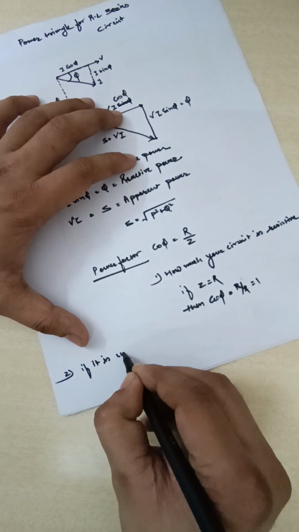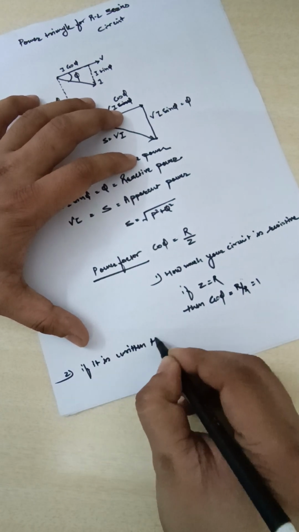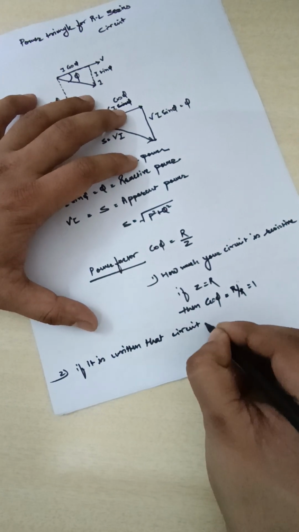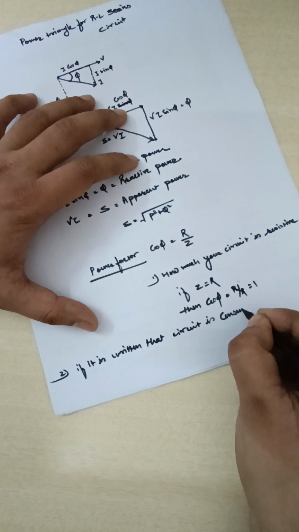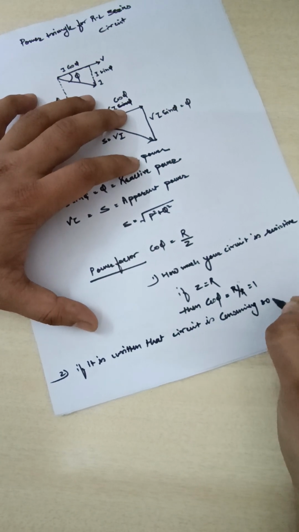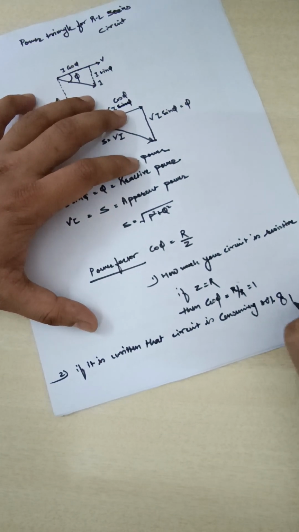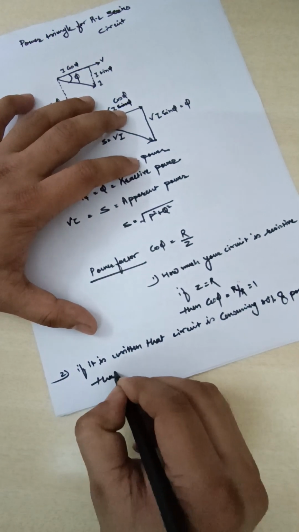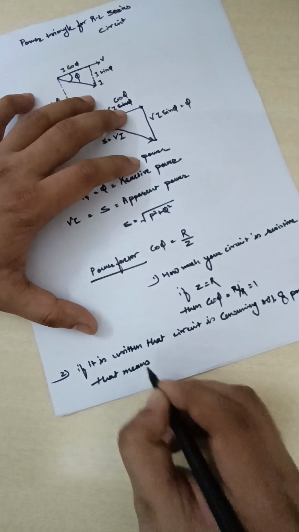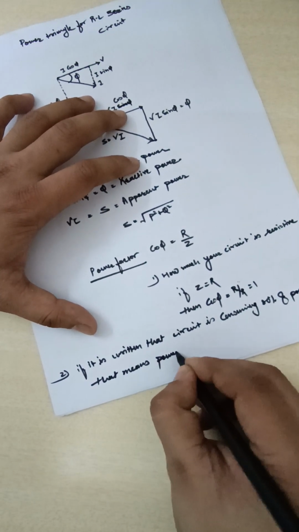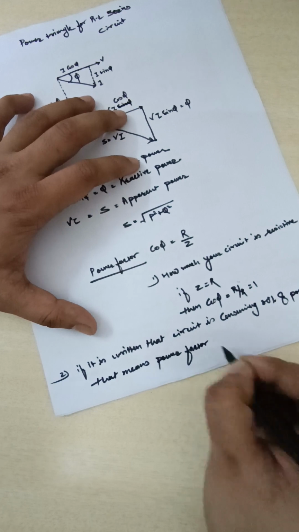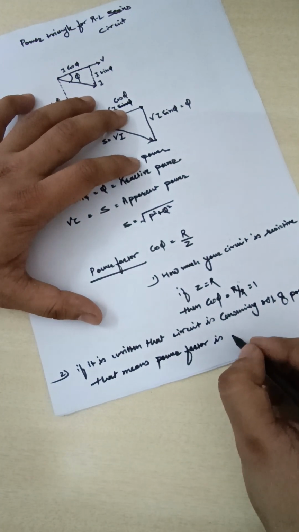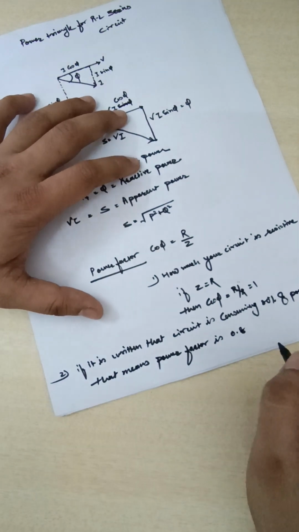If it is written that circuit is consuming 80% of power, that means power factor is 0.8.